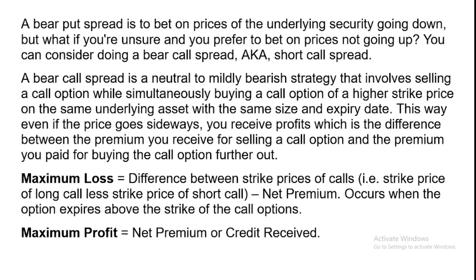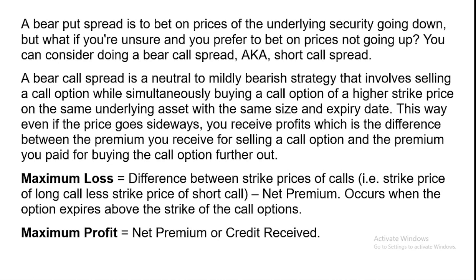You can consider doing a bear call spread, aka short call spread. A bear call spread is a neutral to mildly bearish strategy that involves selling a call option while simultaneously buying a call option of a higher strike price on the same underlying asset with the same size and expiry date.